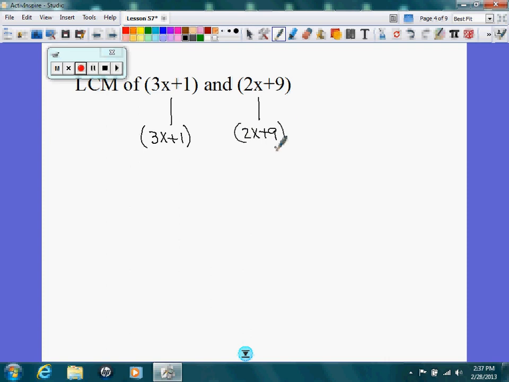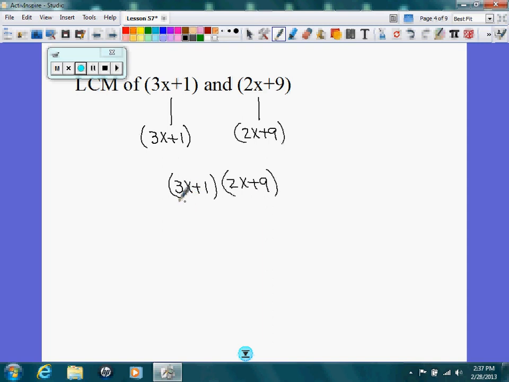So what are all of our prime factors? I have 3x plus 1, and I have 2x plus 9. Same procedure as monomials. How many 3x plus 1s did I have? What was the most I had? I had 1, so we don't really have to write the 1 there. And I have 1 2x plus 9. But now I have a binomial times a binomial, so we should multiply this out.